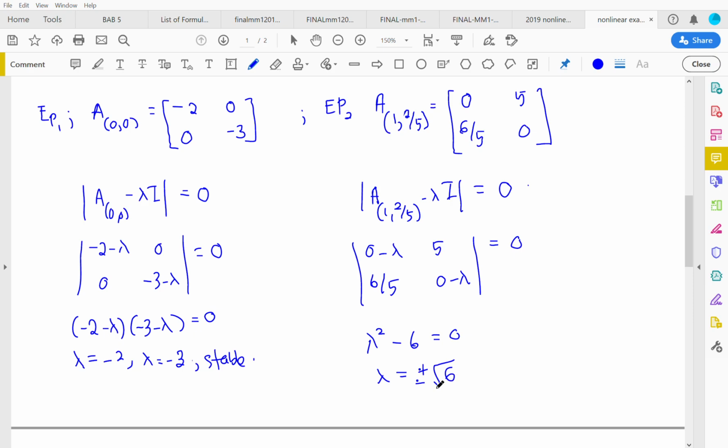This is a real value: one of them is positive, one of them is negative. Referring to the table of stability, we have the type for this. I don't remember exactly, please refer to it. I think the stability is unstable.